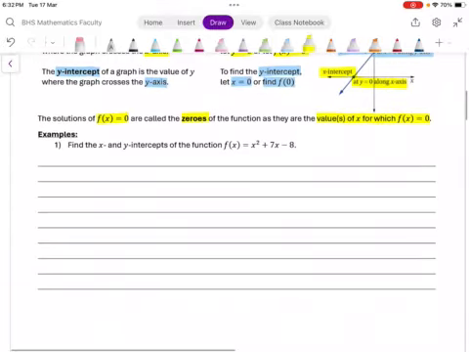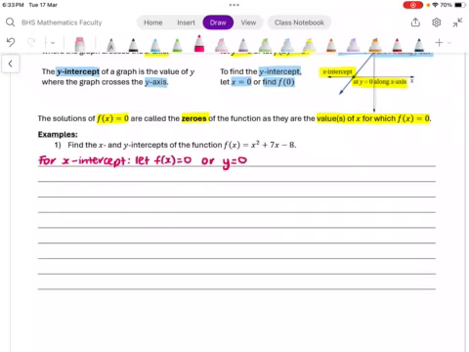So for example 1, we want to find the x and the y-intercepts of the function f of x equals x squared plus 7x minus 8. For our x-intercept, we let f of x equal 0, or y equals 0. Because we have f of x, we're going to let that equal 0 today.